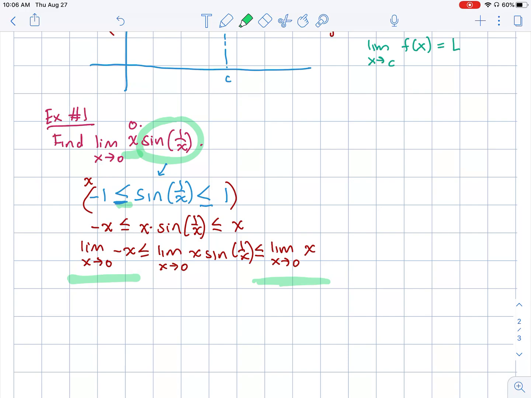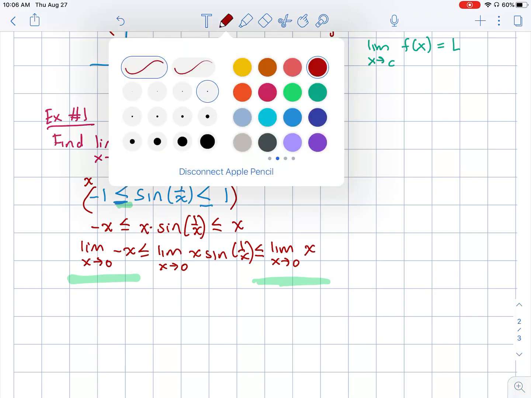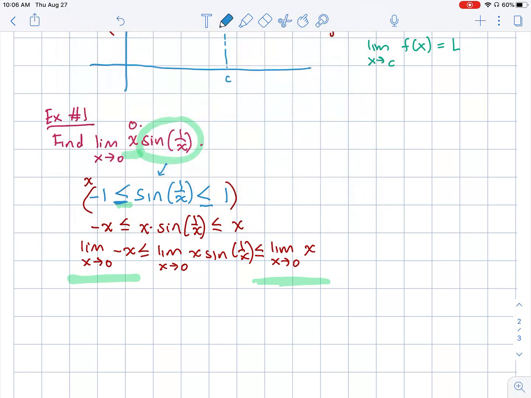And yes, those are really easy to do using direct substitution. Using direct substitution, plugging 0 into negative x, I get 0. This is my initial problem, so I'm just saying let's copy that down here. And then plugging 0 into the limit on the right using direct substitution, we get 0 as well.